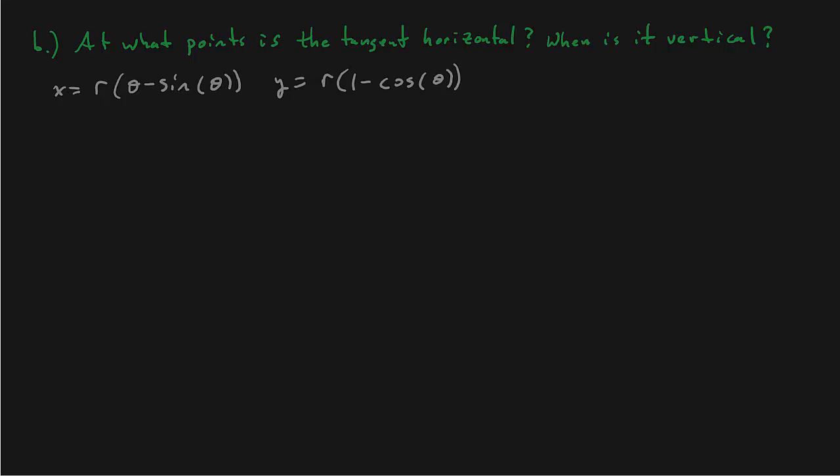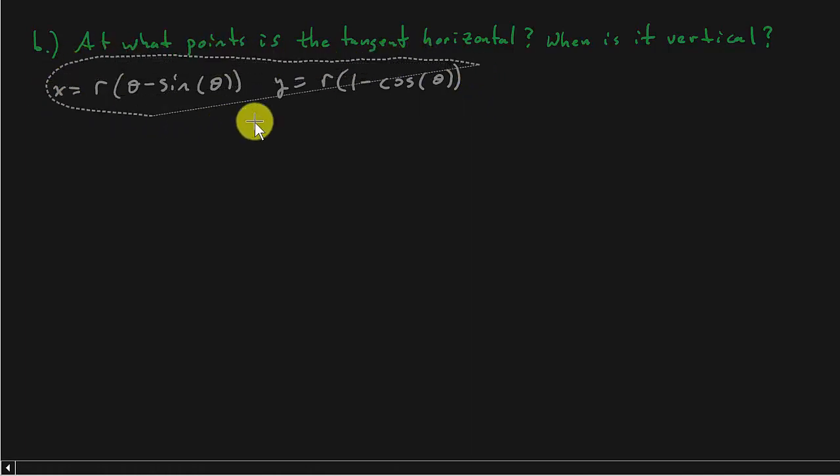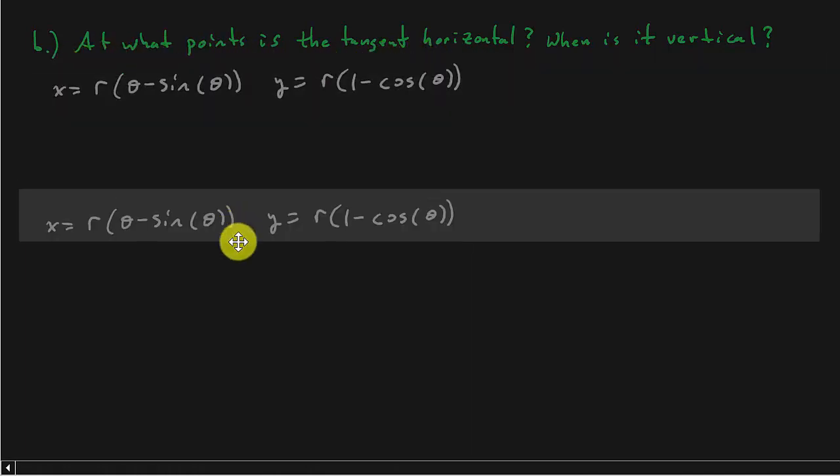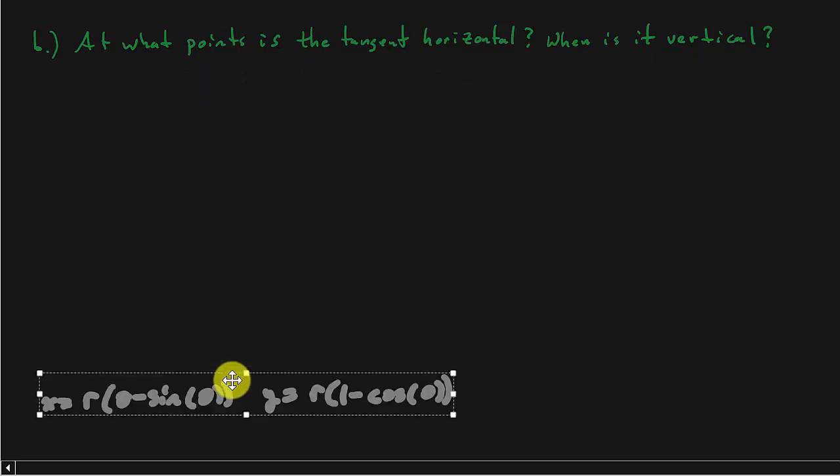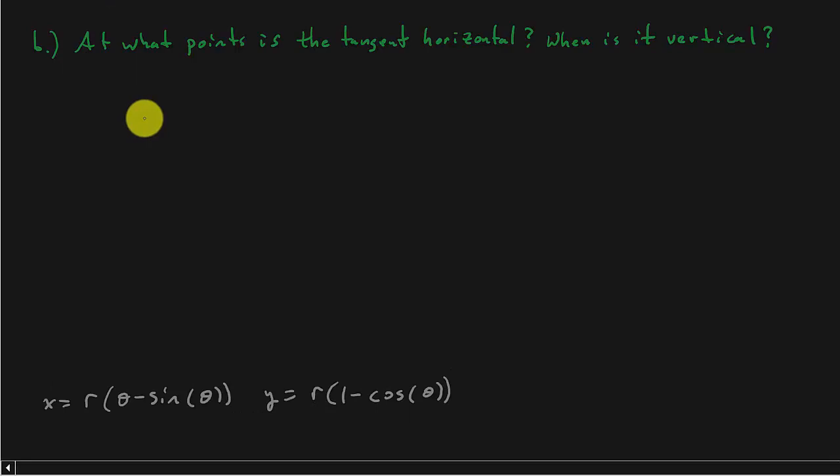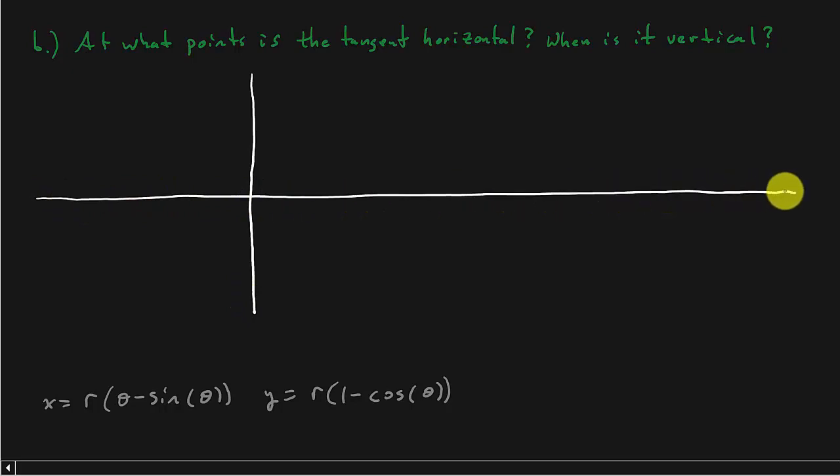All right, so just real quick, let me draw a quick graph, and I'm actually going to move this down here, and I'm going to put the graph up here. Now, I'm not going to go through how to graph this thing.